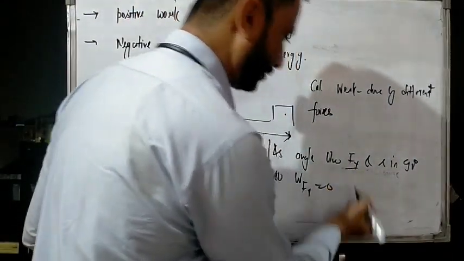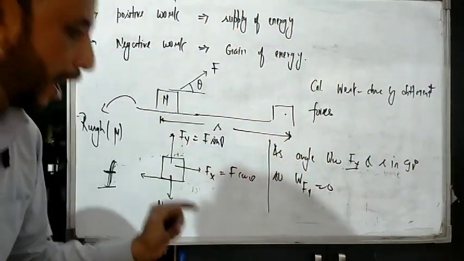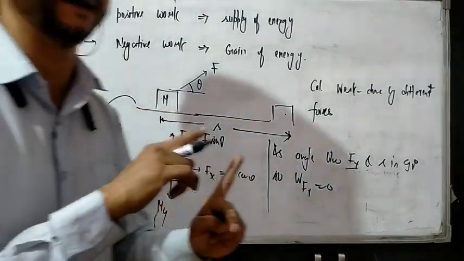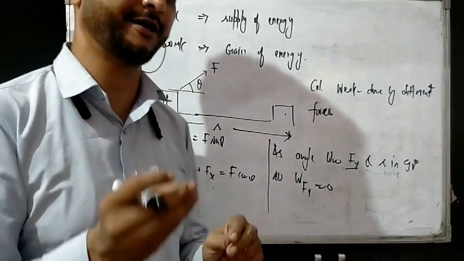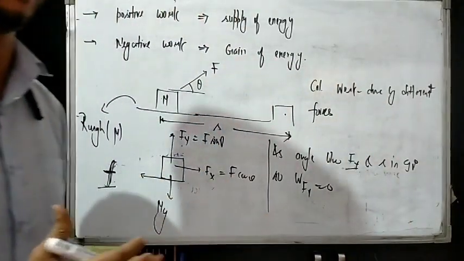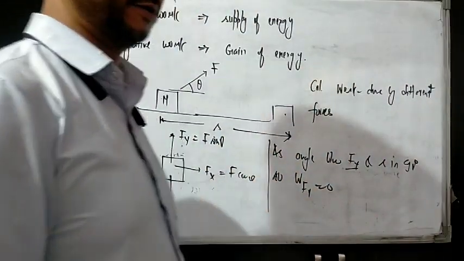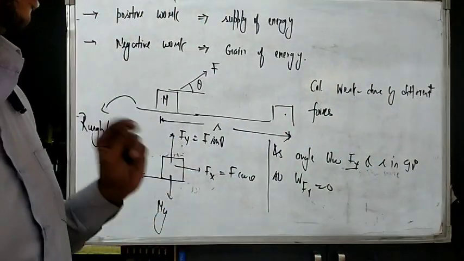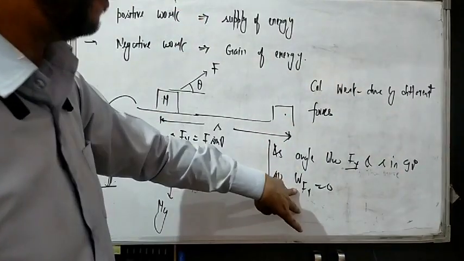Either there is no force applied, or there is no displacement due to application of force, or a force is applied and there is a displacement, but the angle between the force and the displacement is 90 degrees. In the same case, when I was starting my lecture, I told you that you are dragging a box, or your porter is carrying the box on his head. There is no work done in the sense of physics. Yes, no doubt there is a transfer of energy. We will discuss this later. So Fy is equal to 0.